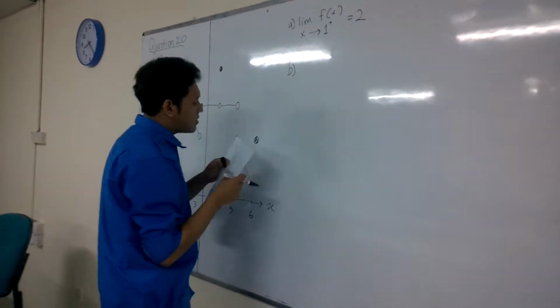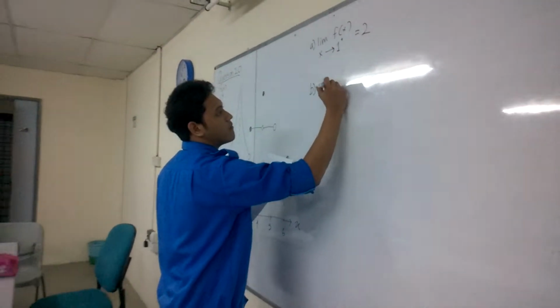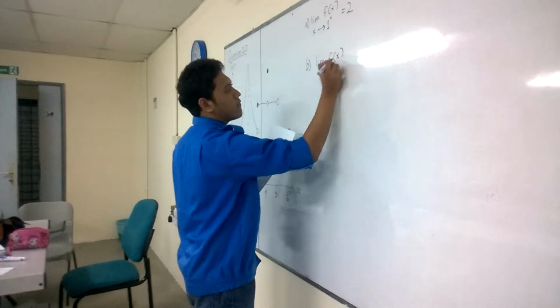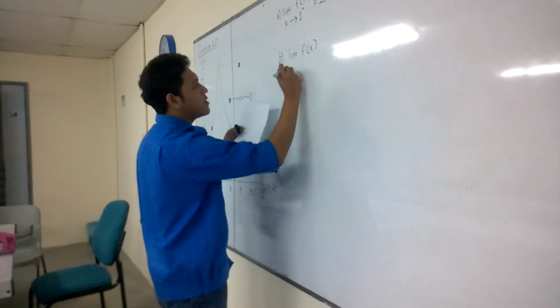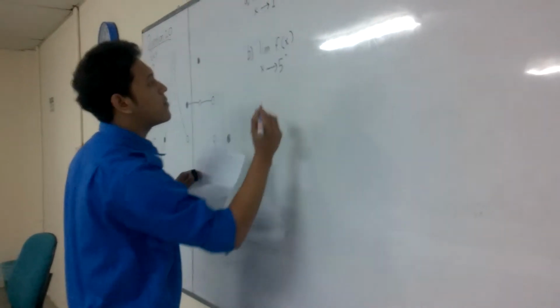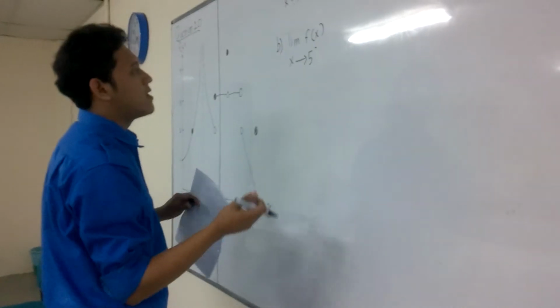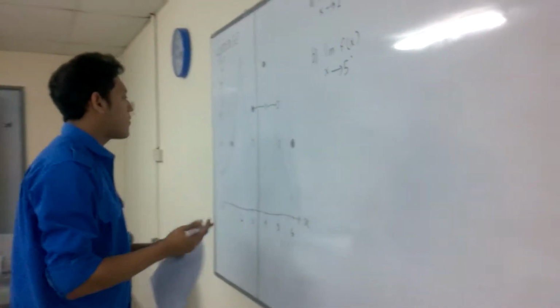Okay, the next question is, find the limit of f(x) as x approaches 5 from the left. The negative sign means that x approaches 5 from the left.